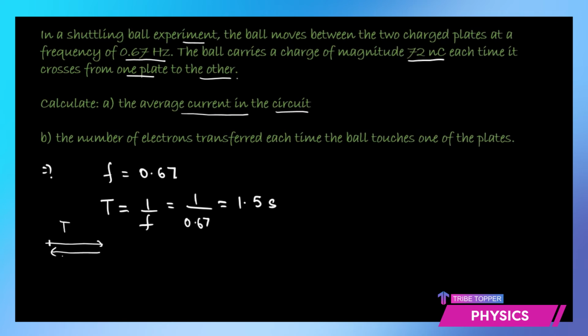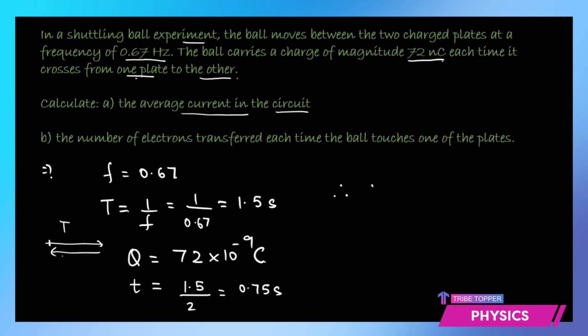But we are given that the ball carries a charge of 72 nanocoulombs each time it crosses from one plate to the other plate. So the charge carried here, 72 times 10 to the power negative 9 coulomb, is the charge going from one plate to the other, not back. So the time we are interested in is half of the total time period, that is 0.75 seconds.